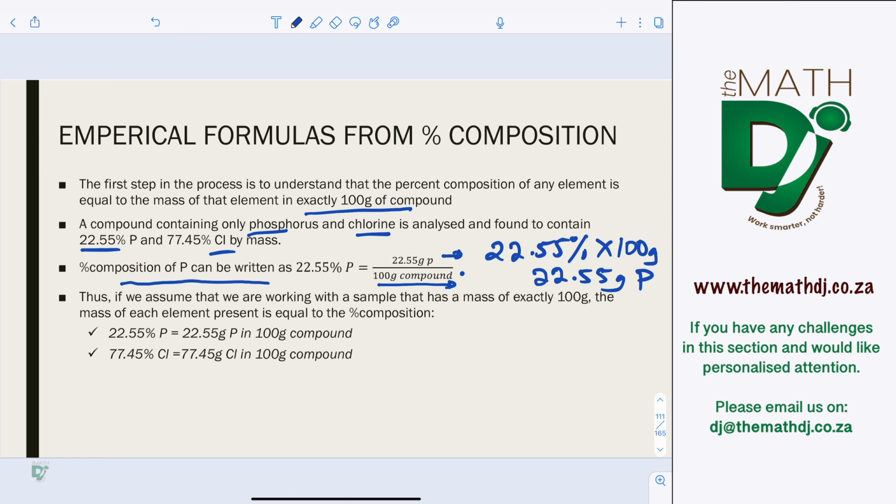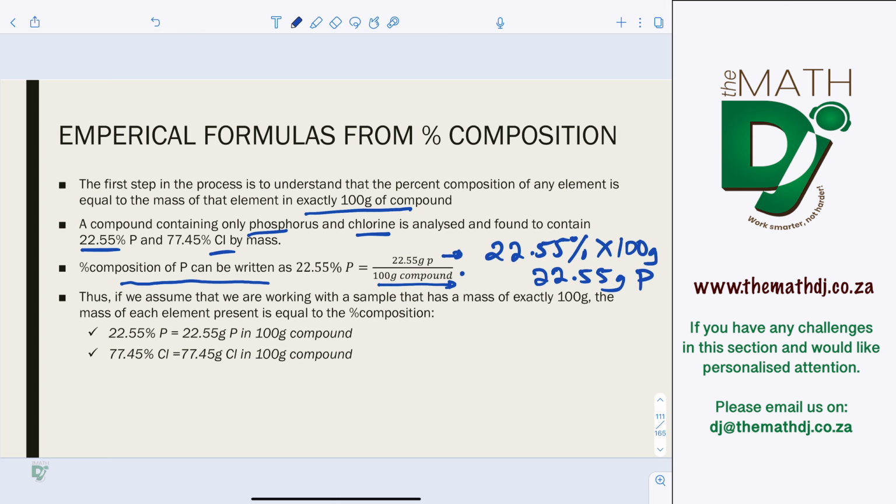Why are we using 100 grams? Because 100 grams is easier to work with, because you know that percentage is based on a scale of 0 to 100. So when you use 100 grams as the hypothetical mass of the compound, it makes it easier for us.